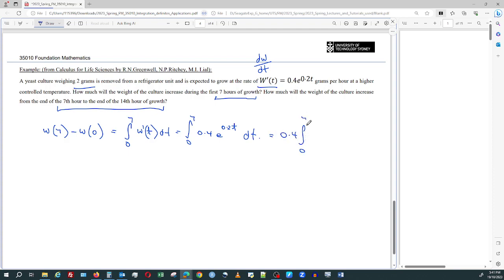Now you can use shortcuts and the like, or you can stick to the program. This is a U substitution. It's a U substitution because t is being multiplied by 0.2 and then it's being e'd. So just be patient, work through it, Leibniz, stay in your column, do the work. du is 0.2 dt.